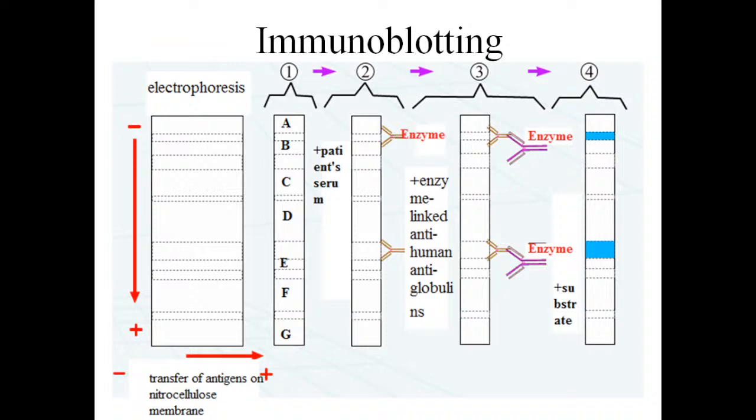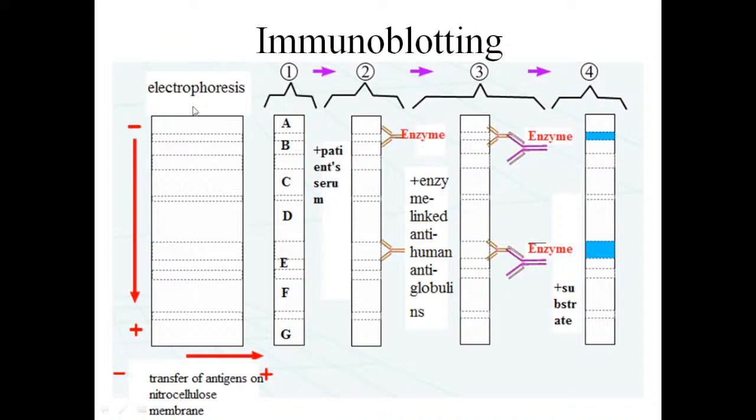So, firstly, once more, immunoblotting is used to detect proteins or glycoproteins, antigens of some virus, HIV for example. Antigens, firstly, are separated into fractions.